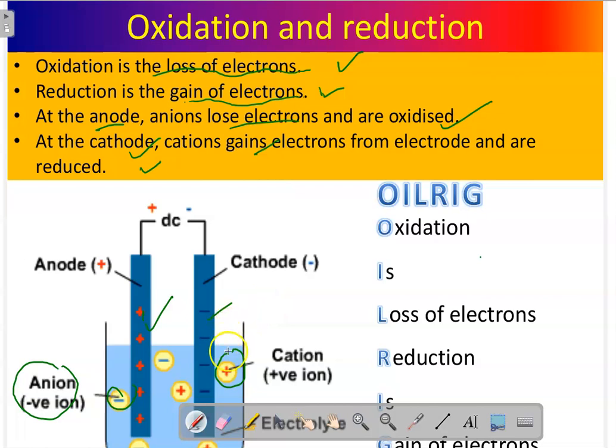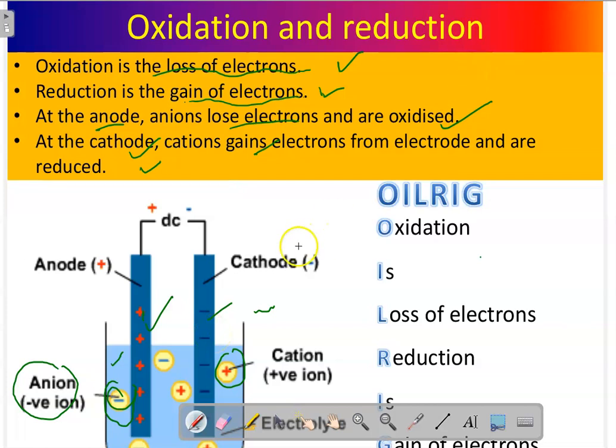Once they get there, at the cathode the cations gain electrons and are reduced, and once the anions come to the anode, they lose electrons and are oxidized. So what you have to know is that oxidation happens at the anode because the anion loses electrons, and reduction happens at the cathode because the cation gains electrons.